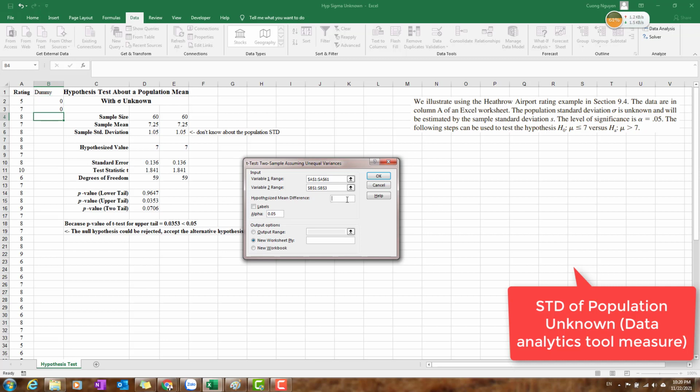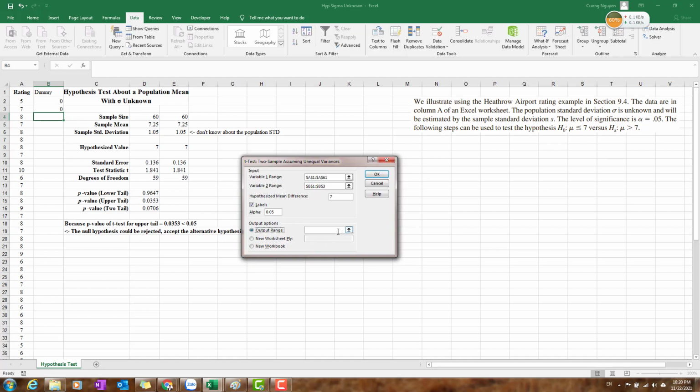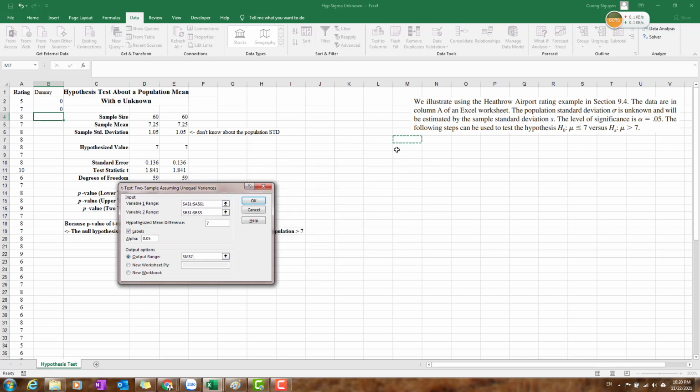Okay, the hypothesized mean difference will be 7, right? And alpha will be equal to 0.05. Remember, in case they provide another level of significance, you have to change it. For the output range, I will just add it over here, whatever.